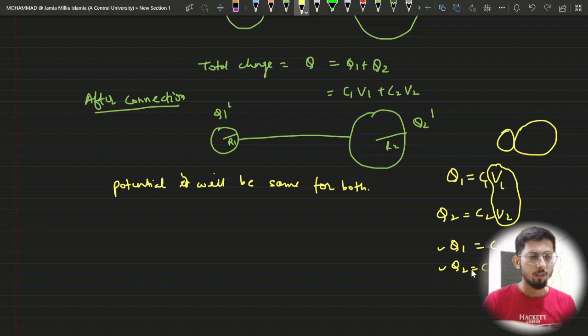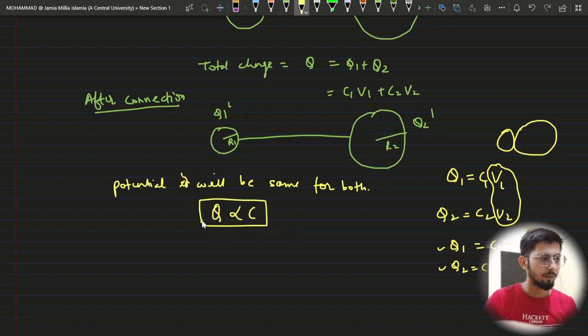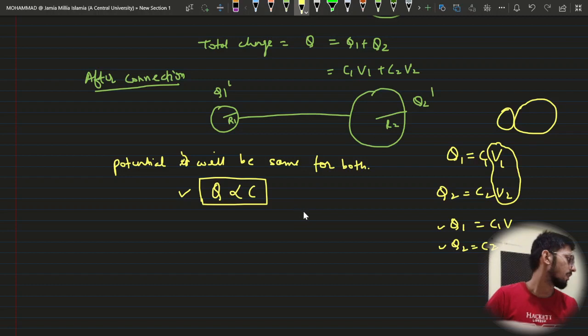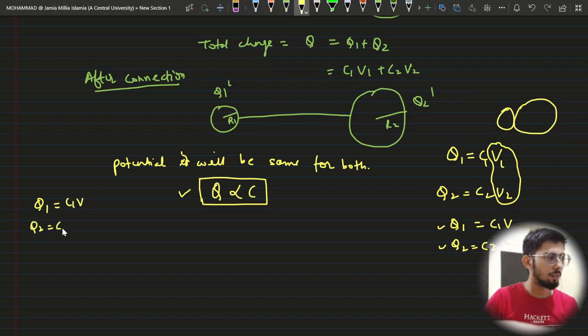So can we say that when we join them, the charge on each capacitor Q will be proportional to its capacitance, because the voltage is the same for both? Now when this is true, we will get some interesting things. Q is proportional to C, that means Q1 will be some C1V and Q2 will be some C2V. So can we say that if we divide both of these equations?